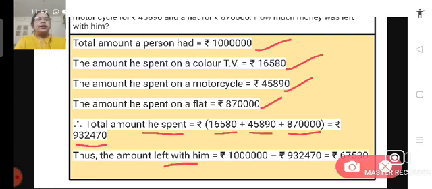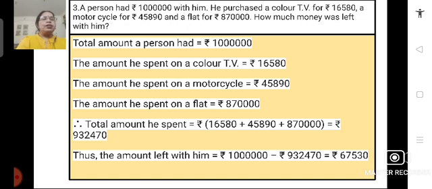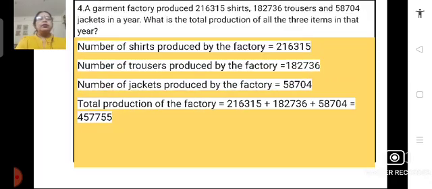We subtract 9,32,470 from 10 lakhs. Then what do we get? We get 67,530 rupees as the amount which is left with him. So the correct answer is 67,530 rupees. Moving on to the next question.